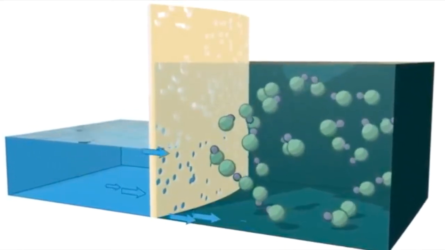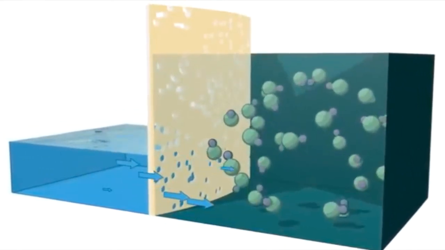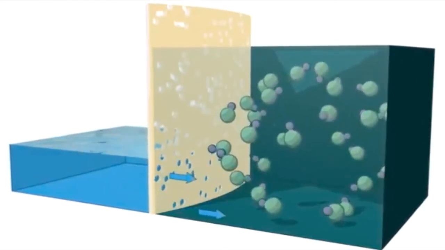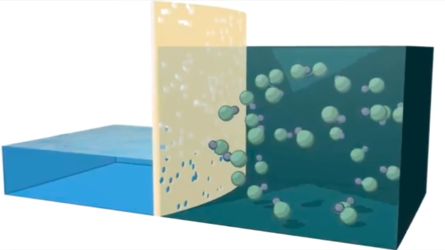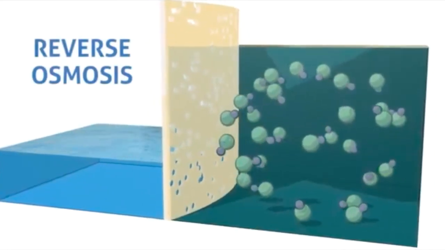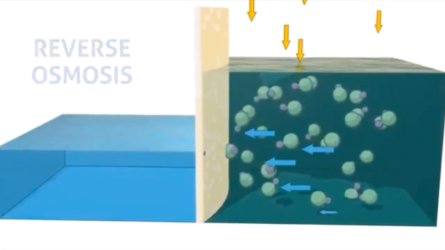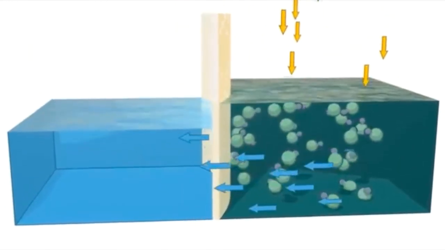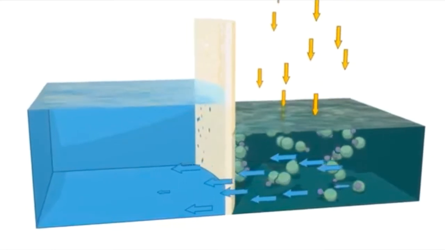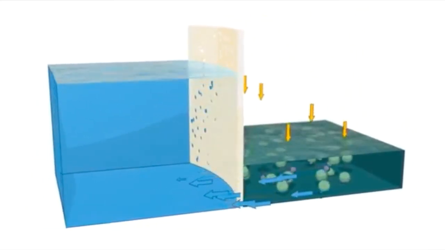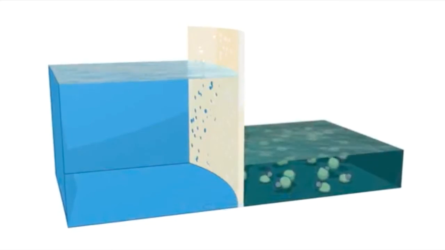That is, liquid flows from a less concentrated solution such as fresh water to a more concentrated solution such as seawater. When the direction of liquid reverses, it's called reverse osmosis. By pressurizing the concentrated solution, in this case seawater, we are able to force water molecules in the reverse direction from the salty seawater side through the membrane to the freshwater side.